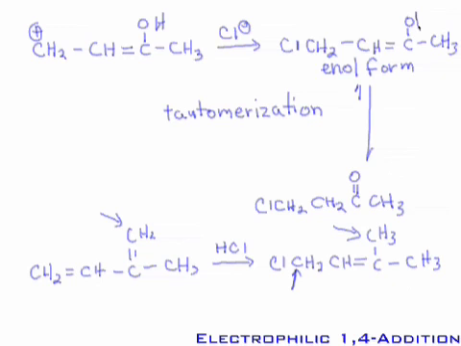The only difference is that in 1,4 addition to the diene, the product is stable. This is a simple alkene. There's no such thing as tautomerization that takes place. But in the case of the enol, it's unstable. However, remember, for nucleophilic attack, this was just one of the resonance contributors up here.